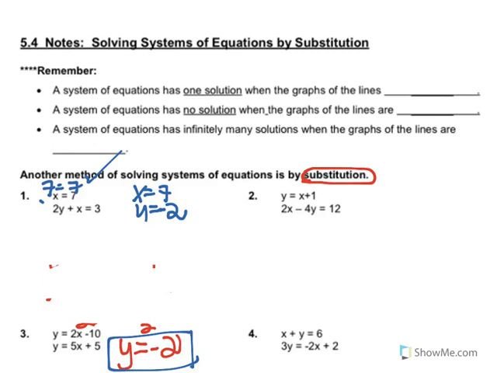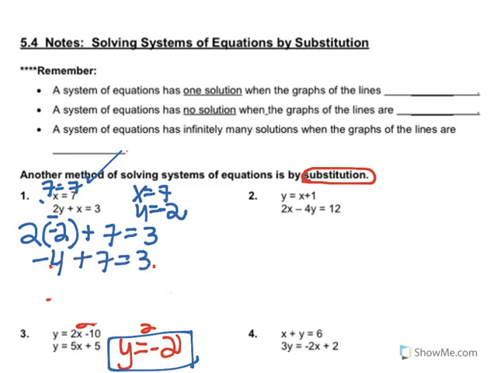If y is equal to negative 2, we'll take this 2 here, leave it as it is, and substitute negative 2 plus x is 7 equals 3. So 2 times negative 2 is negative 4, plus 7 equals 3. So, is this true? Negative 4 plus 7, guess what? That equals 3. It's true, so it works.